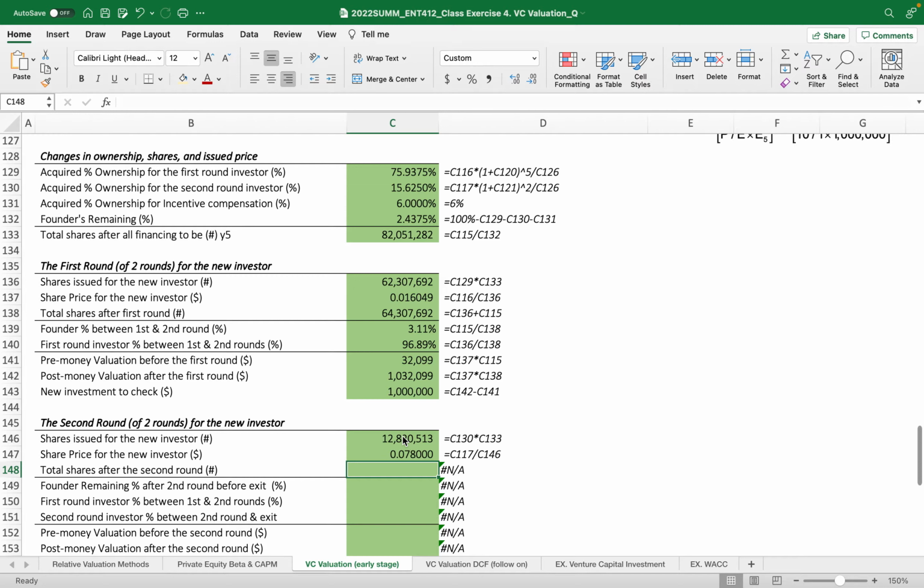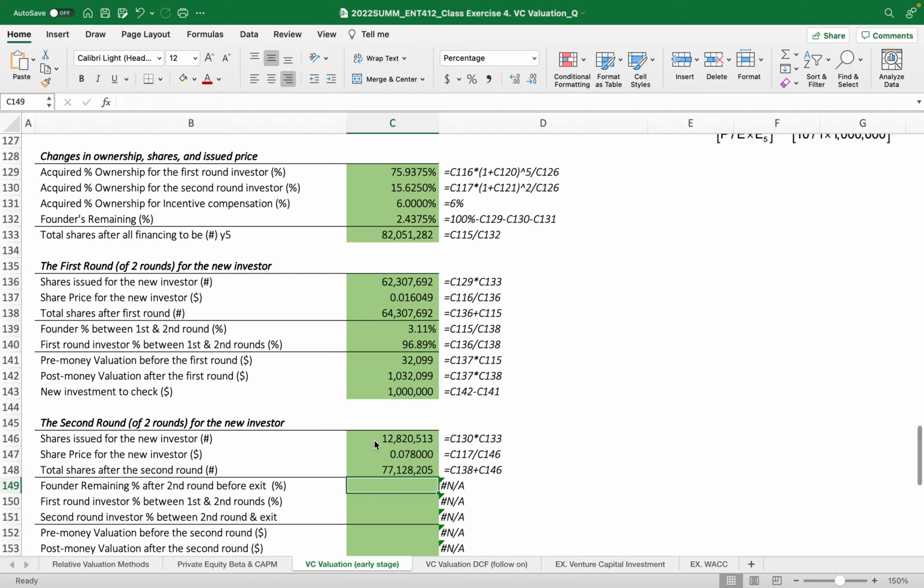This is now increased because, again, 25% is the discount rate at the time. The stock price, yeah, definitely increasing. And then the total shares after the second round can be calculated. How? Before the second round, how many shares was the total shares after the first round? Right, 64. Now we add this 12 million.